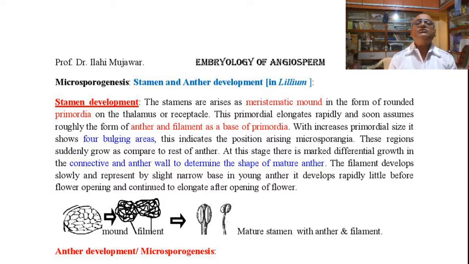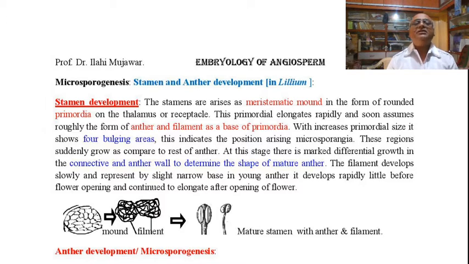These regions suddenly grow as compared to the rest of the anther. At this stage, there is a marked differential growth in the connective and the anther wall to determine the shape of a mature anther. We look at the second diagram.